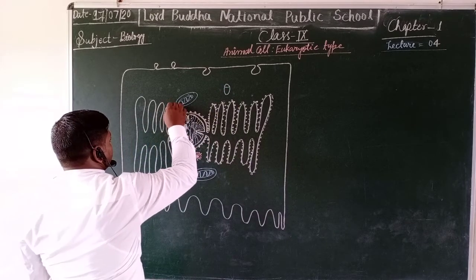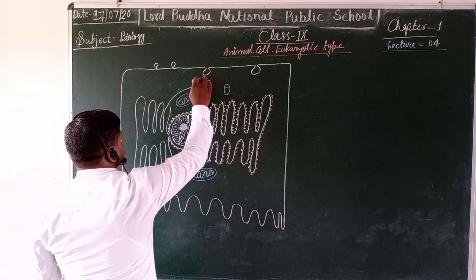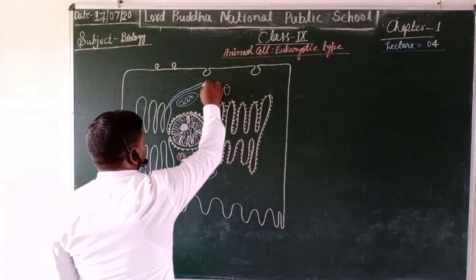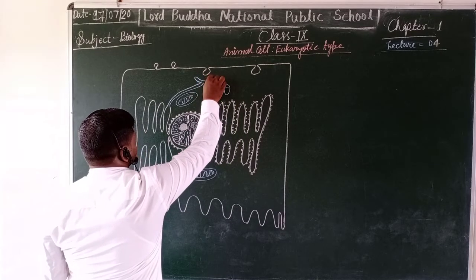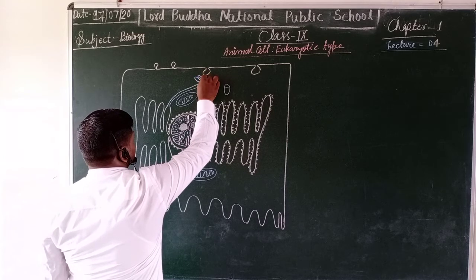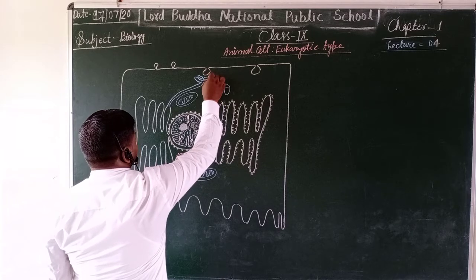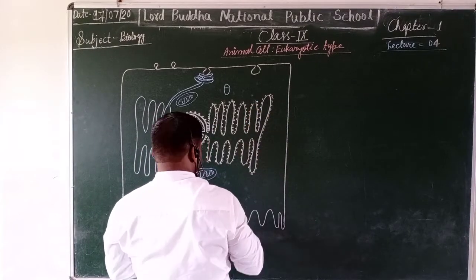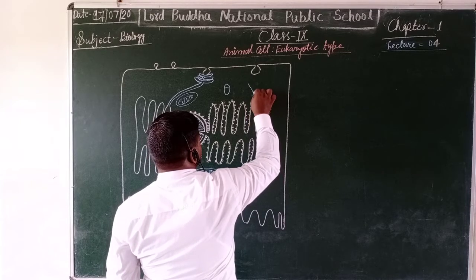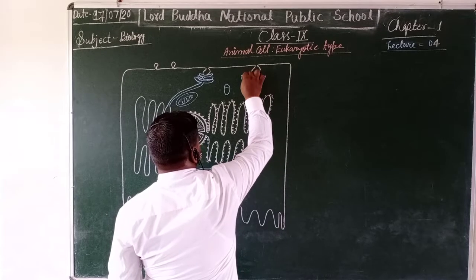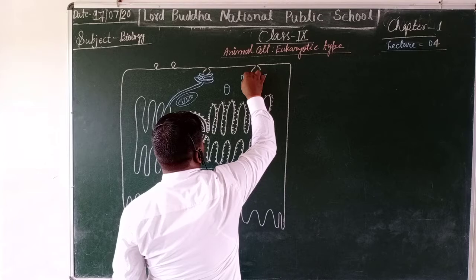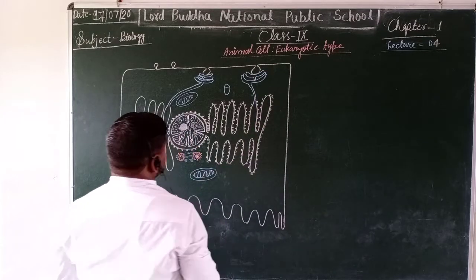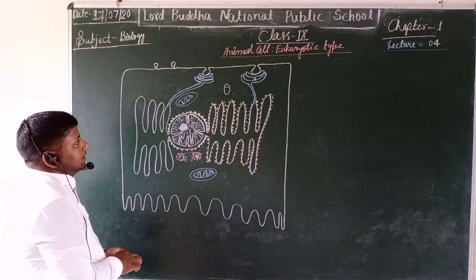Another most peculiar feature of the animal cell is the well developed type of Golgi body, which is present in the eukaryotic cell. The Golgi body is regarded as the traffic police of the cell.